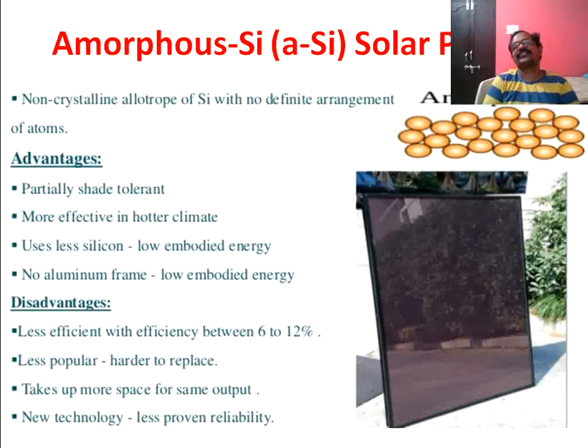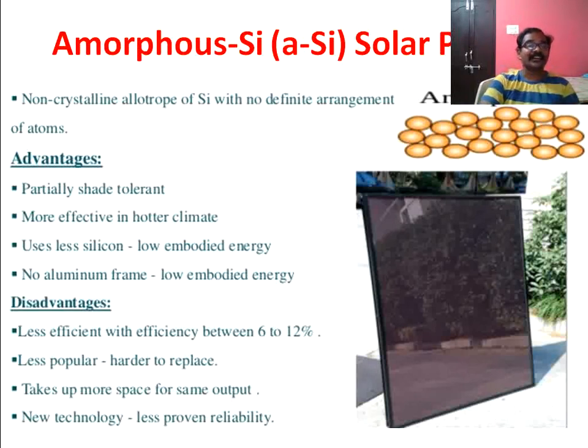If the efficiency is 6%, we require 4 panels. 4 panels of amorphous silicon will produce the same amount of energy as one panel of monocrystalline silicon solar cells for the same power output, right? It's a new technology, thereby it has less proven reliability. These are all the drawbacks of amorphous silicon solar panels.